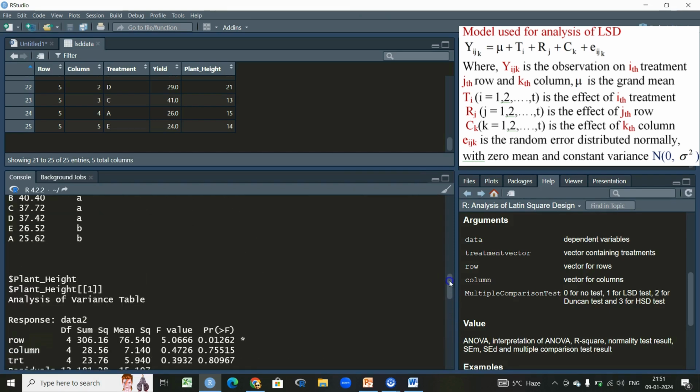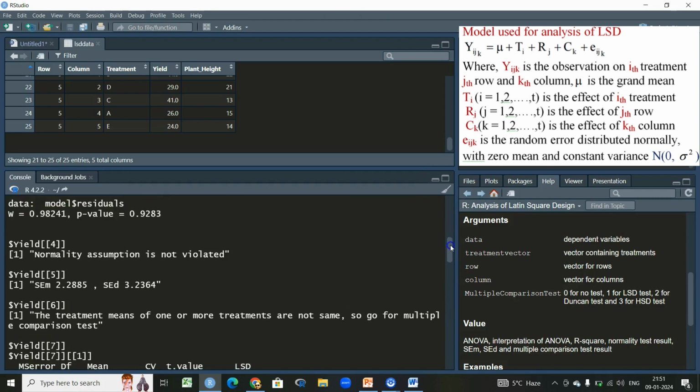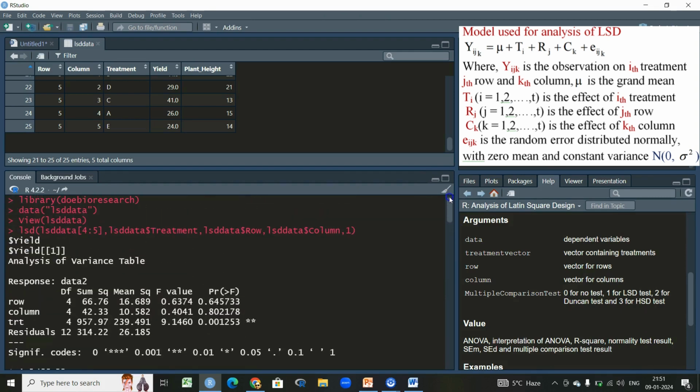You can see I have performed the analysis of both variables, the yield as well as plant height. As far as yield is concerned, the treatments are found to be significant, but rows and columns are not significant.